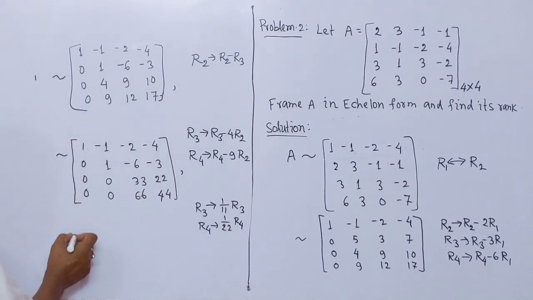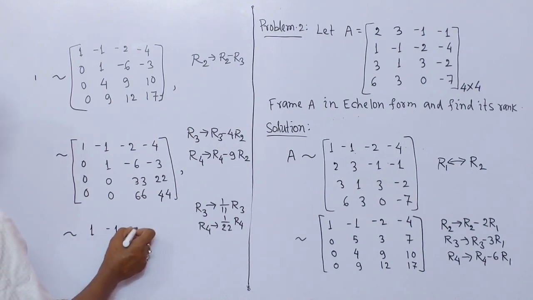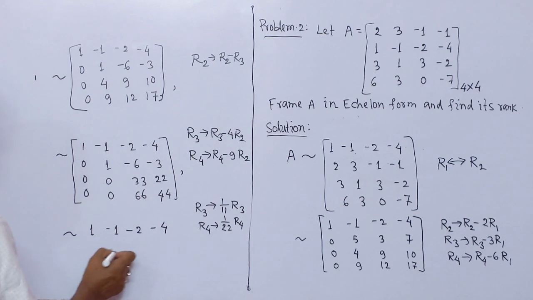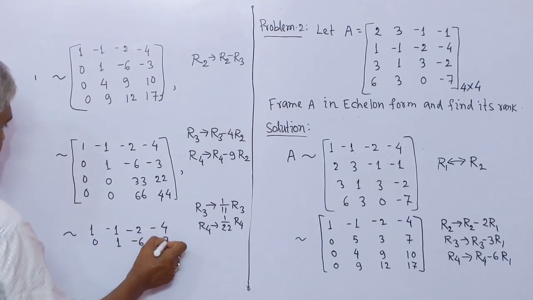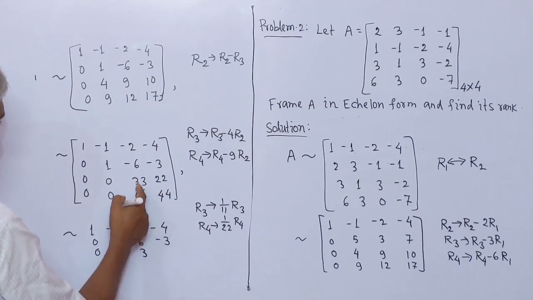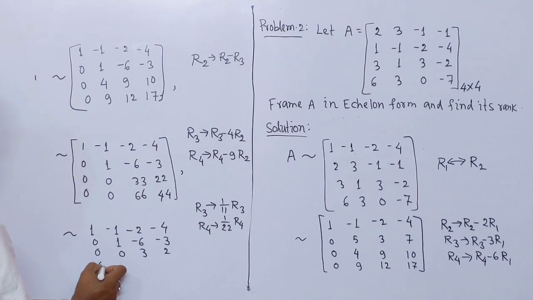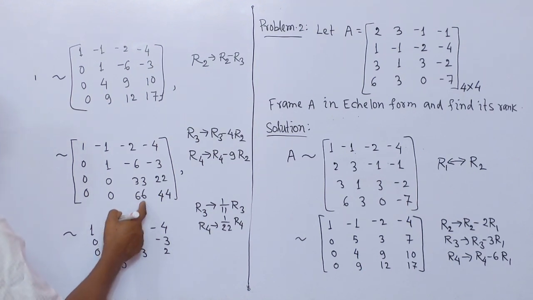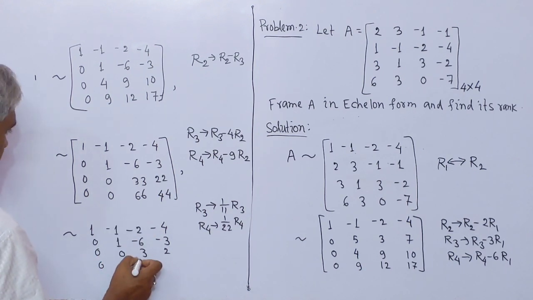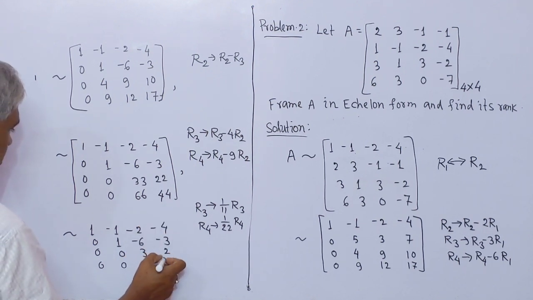And we get the matrix 1 minus 1 minus 2 minus 4, 0 1 minus 6 minus 3, 0 0 here 3 here 2 dividing by 11, here 0 0 here dividing by 22, 3 here 2.